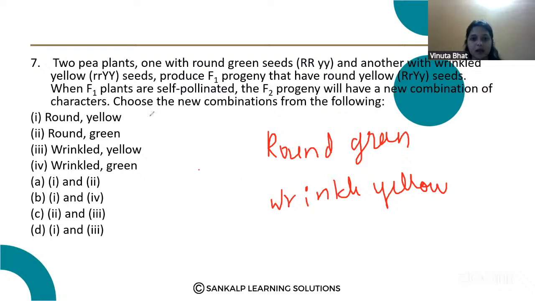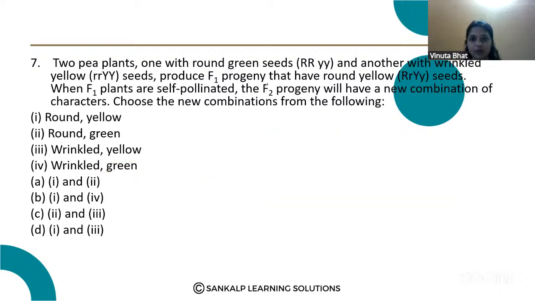Here the new combinations of the following are round yellow and wrinkled green. Wrinkled green seeds are a new combination, right? Wrinkled green is one new combination, and another is round yellow seeds.